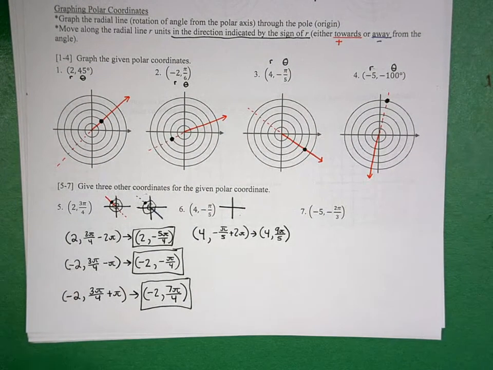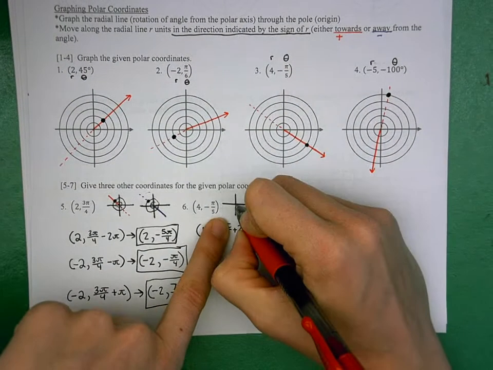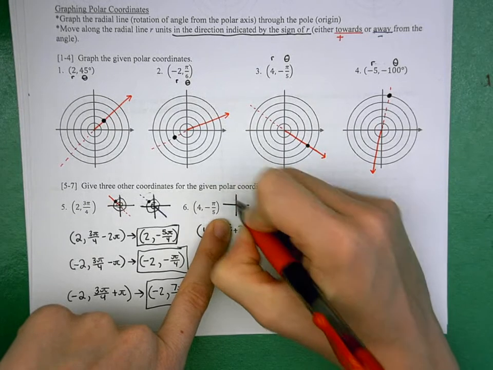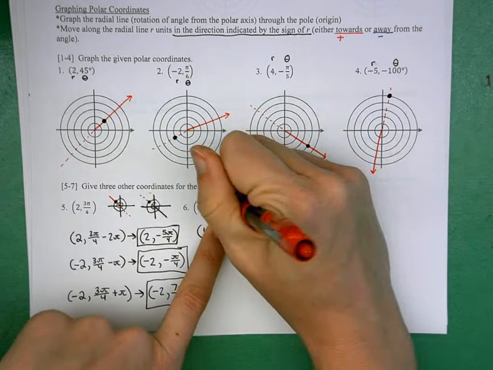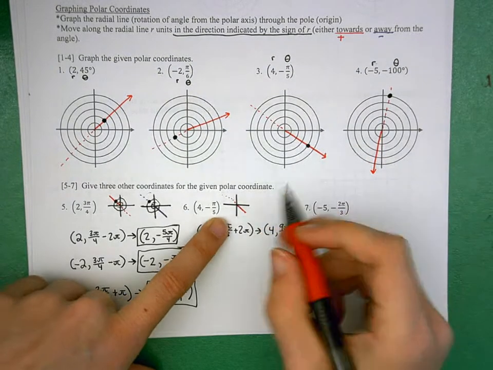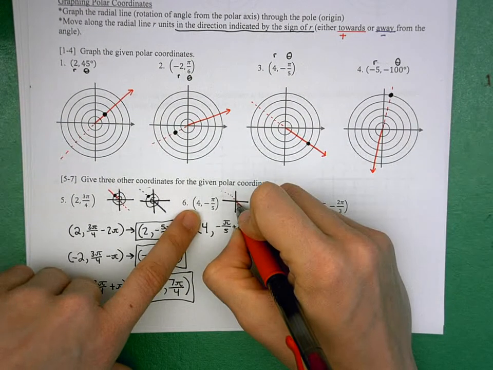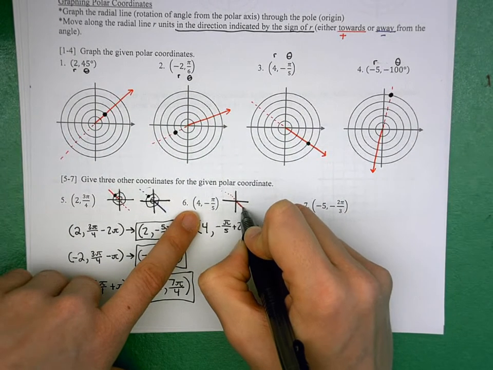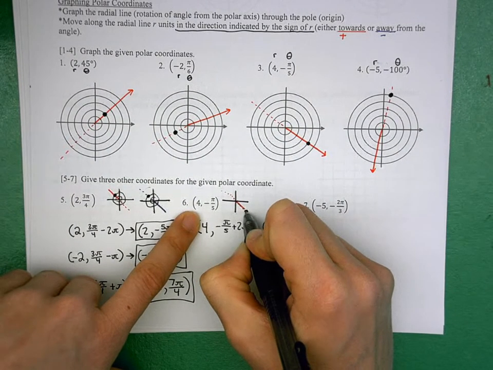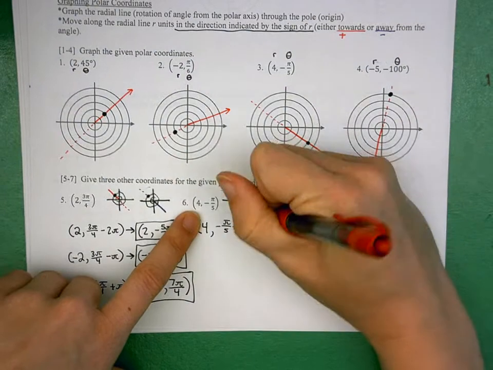so negative pi over 5 would be in the 4th quadrant, somewhere between negative pi over 4 and negative pi over 6. And we're going 4 out. So again, I don't have my little circles, but if you pretended we did, 1, 2, 3, 4. So my coordinate point would be out here, approximately.